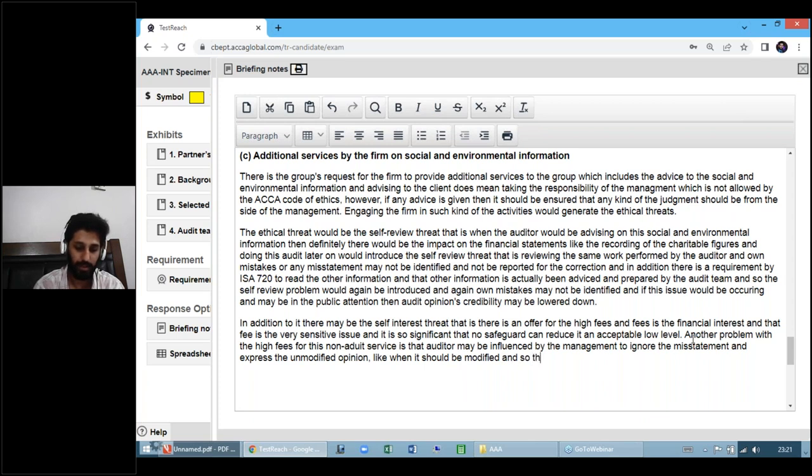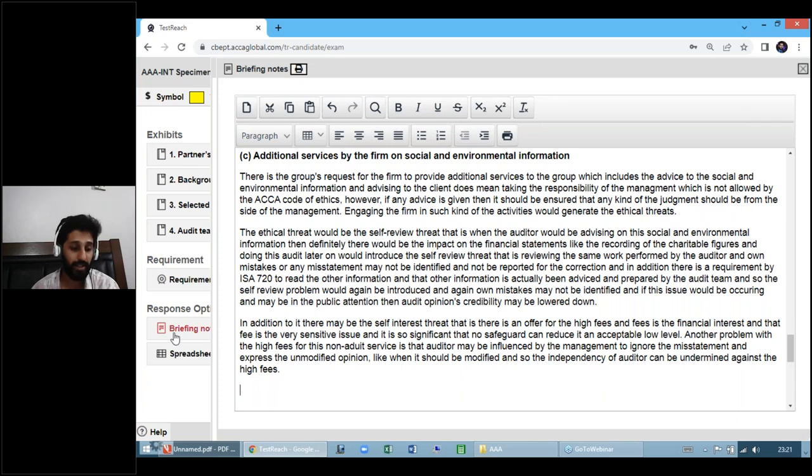And so the independence of the auditor can be undermined by the high fees, right? This is a very important risk, that you are financially blackmailed, you are financially dependent.